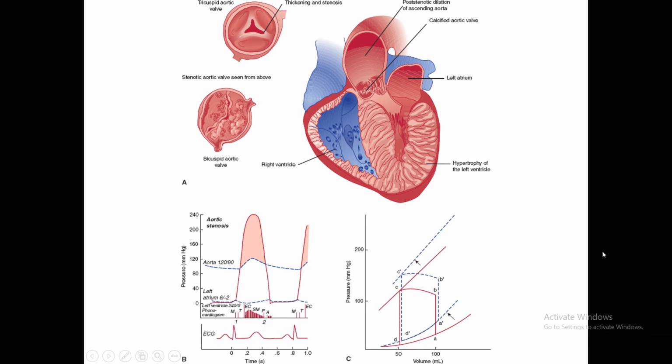The physical examination of a patient with aortic stenosis will reveal, as already mentioned, a mid-systolic murmur, crescendo-decrescendo, increasing then decreasing. This is the mid-systolic murmur at the base of the heart.